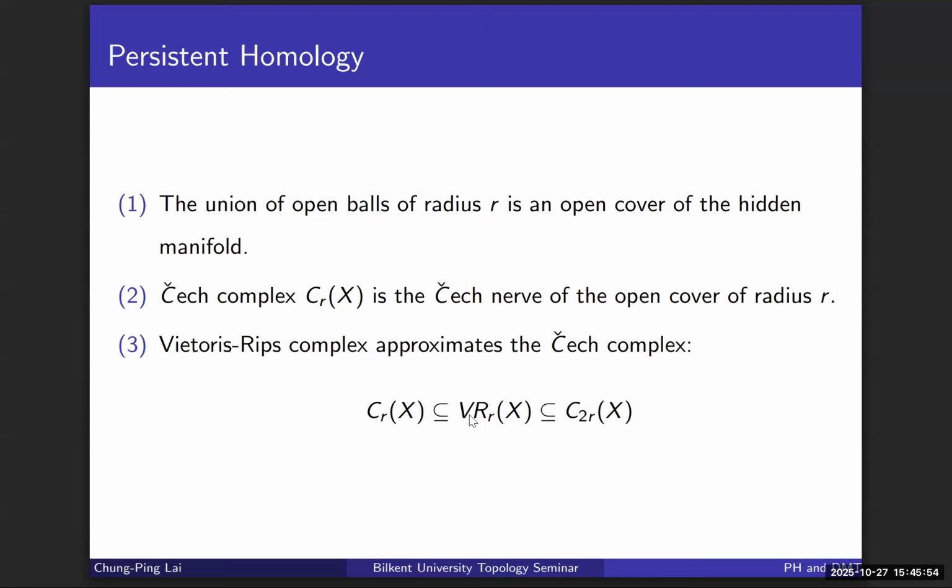So the fact that the Vietoris-Rips complex is in between the Čech complex at different radii makes it a good approximation. And I think this 2R bound is not strict, so it is possible to cut down the bound further.